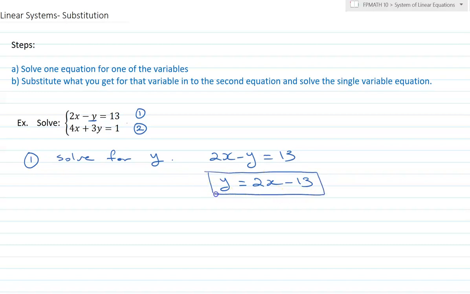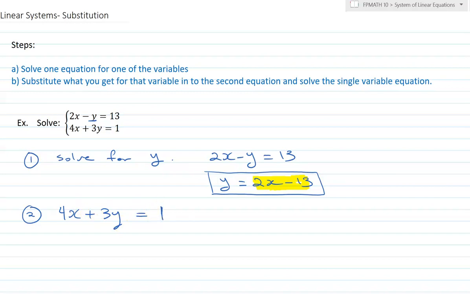So once we have that, notice that y now is 2x minus 13. That's y. Okay, so we go to the next equation, equation 2. Equation 2 is 4x plus 3y equals 1.